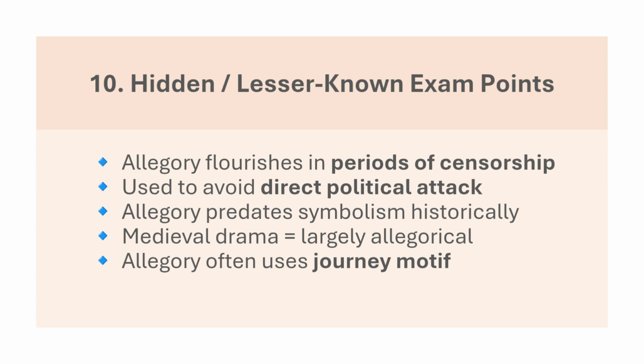Third, remember that allegory came before symbolism historically. This is a common MCQ trap. Next, medieval drama is largely allegorical. Morality plays used abstract characters like truth, death, and good deeds. Finally, many allegories use a journey motif, where the physical journey represents moral or spiritual progress.